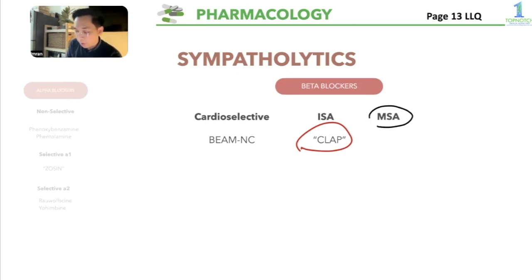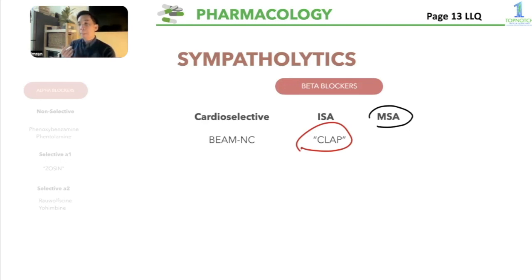Yun namang MSA or membrane stabilizing activity. So some of your drugs kasi they have yung local anesthetic effect, no? Kaya tinatawag na some of your beta blockers will have local anesthetic effect, no? And hence kapag ginamit mo kasi sila for topical use sa eyes, pwede ang mangyari hindi mapansin ng eyes mo na may damage sa kanya or may sira sa kanya.